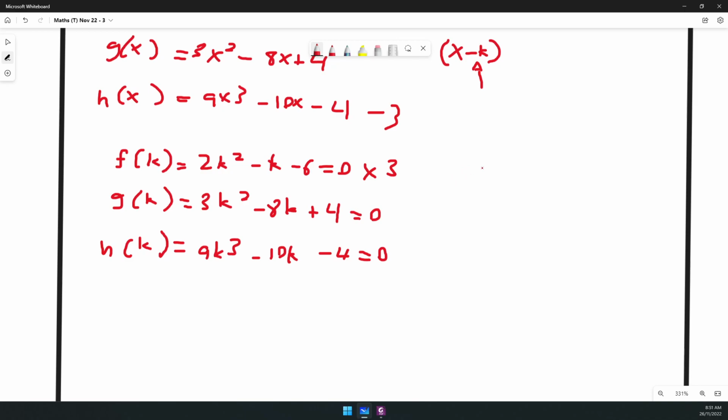Maybe you can get 6k squared minus 3k minus 18 equals 0. Then the second one, you times this by 2.